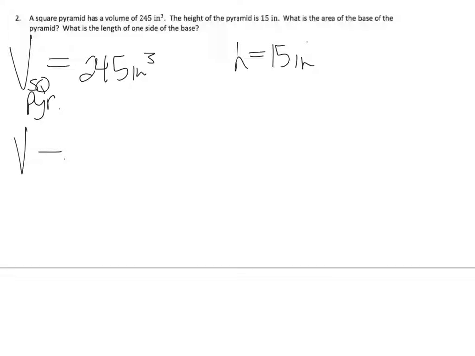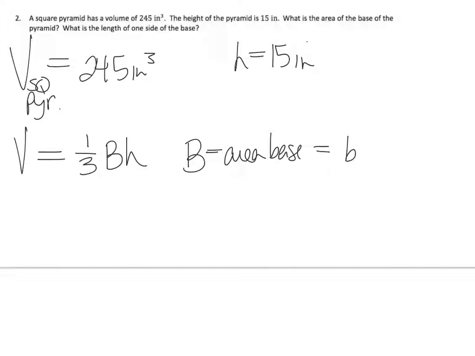Okay, so our equation is volume is for a square pyramid, 1/3 big B times H, where big B equals the area of the base. And if the base is a square, it's B times B. If we know that the volume is 245, we don't know what B times B is. We don't know what the area of the base is, but we know the height.